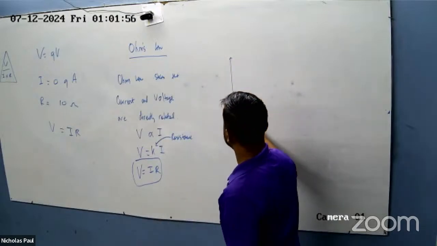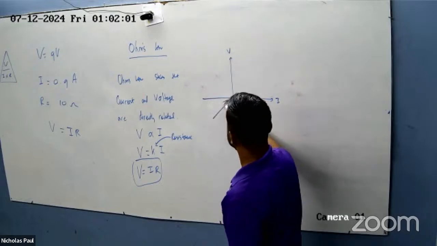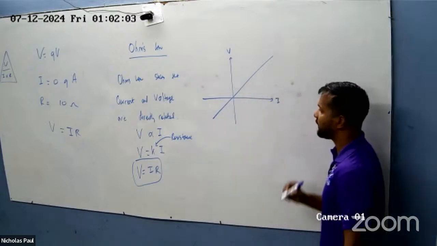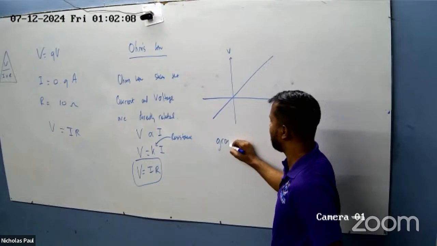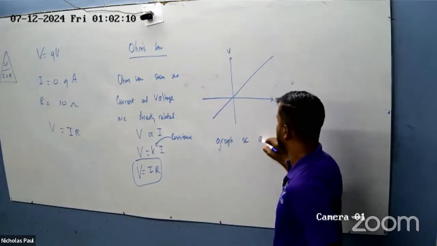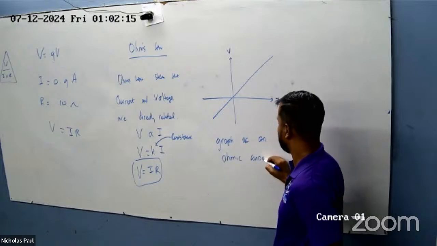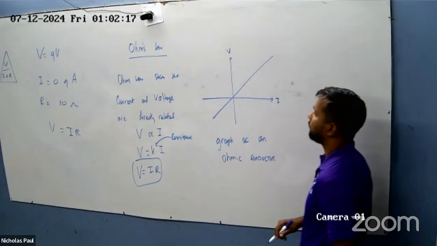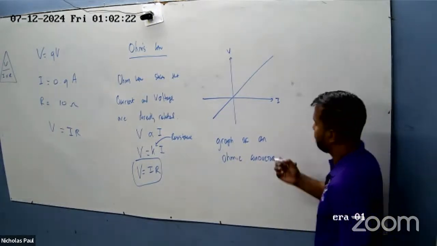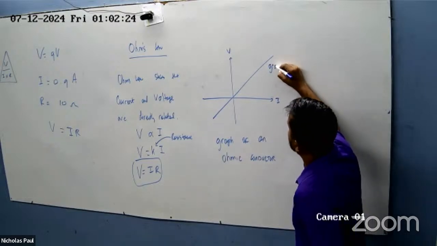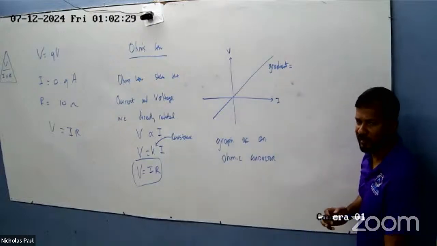And Ohm's law also has this relationship for V and I. The graph looks like that, right? This is the graph of an ohmic conductor. Anybody could guess what it creates on a graph like this?